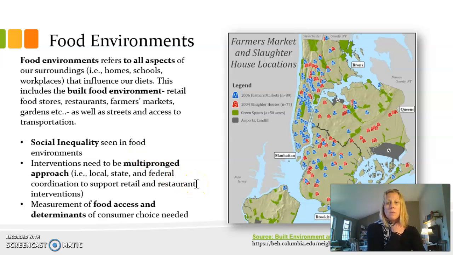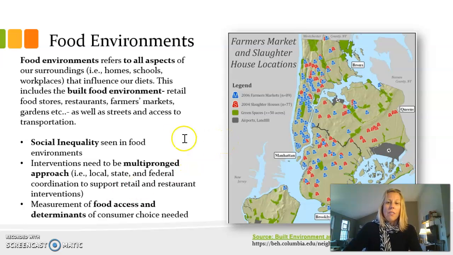Also, as we've talked about before in this semester, interventions are really needed. Interventions need to be multi-pronged approaches. And even though this is easier said than done, the best approaches are collaborative, multi-stakeholder, and multi-pronged, for example, with local, state, and federal coordination to support retail and restaurant interventions to create healthier food environments.